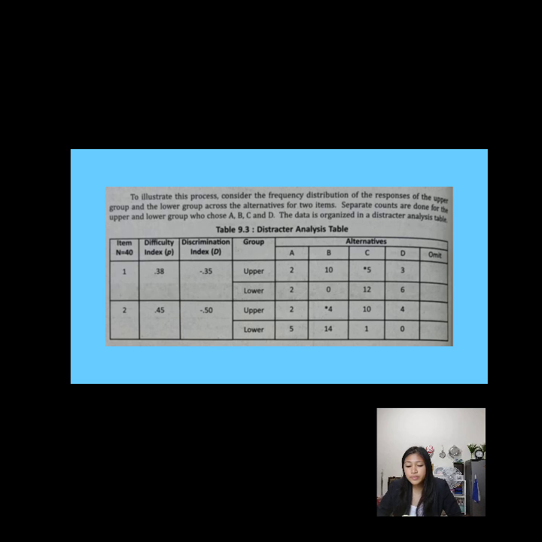The groups are the upper and lower group, and the alternatives are A, B, C, and D. In the upper group, 2 chose A, 10 chose B, 5 chose C, and 3 chose D. In the lower group, 2 chose A, 0 chose B, 12 chose C, and 6 chose D. As we can see in the table, the 5 has the asterisk sign, which indicates the correct answer. So in this item, C is the correct answer.